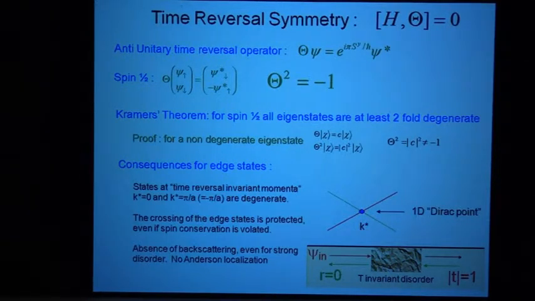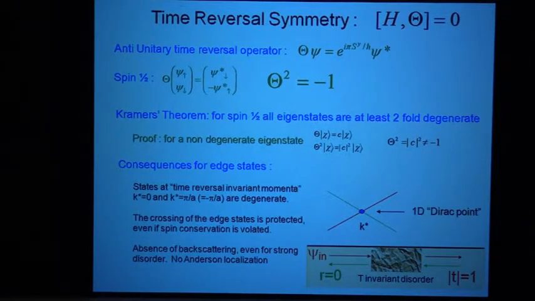I'm less familiar with Anderson localization. Can you explain the last statement? Well, let me wait until the next viewgraph to try to explain. In general, if you have a disordered system, then your states can be localized. If you have a really big disorder, then the lowest energy you're going to have a localized state there.